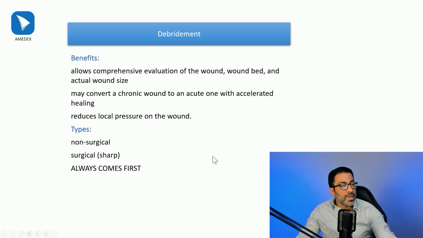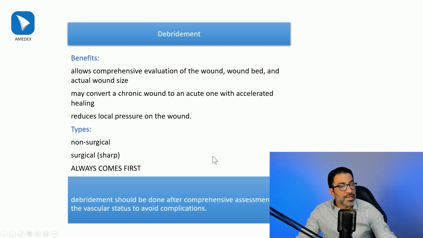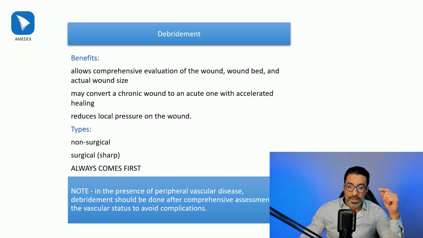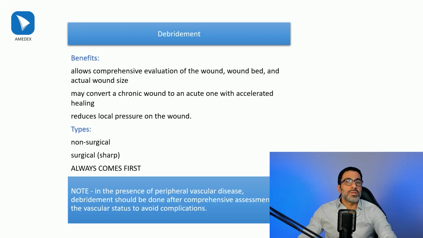A very important thing to consider is if we have some sort of vascular compromise. The patient's in front of you, you're examining him, you see a diabetic foot ulcer, and you also realize that the ulcer is on the right foot, and in the right leg, you suspect the presence of vascular compromise.